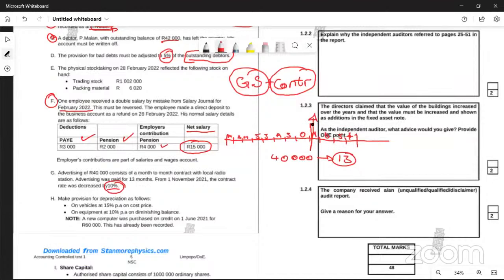So all these months to this side, remember there's that month that was in advance, the 13 months. So it's February and there's March that was in advance. These months on the right hand side receive a decrease of 10%.